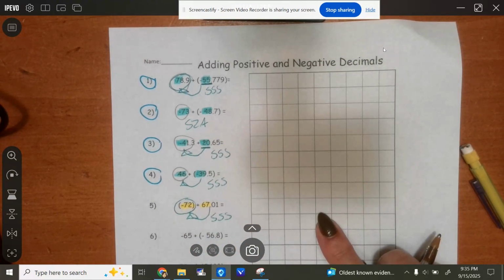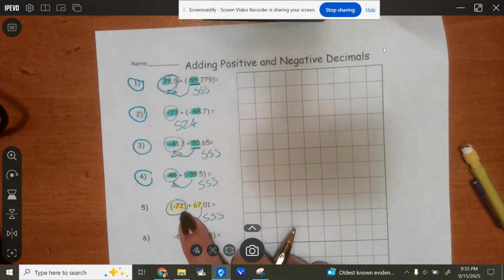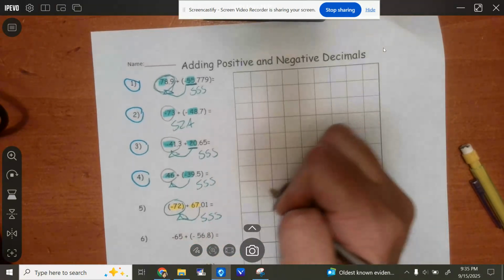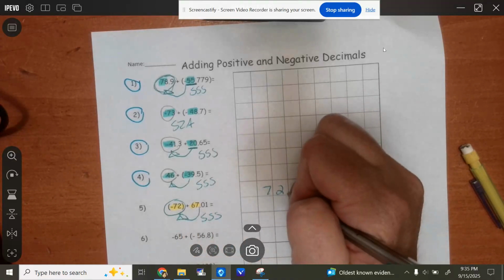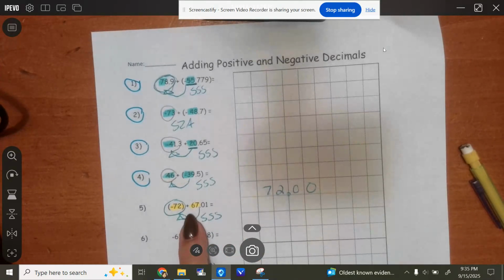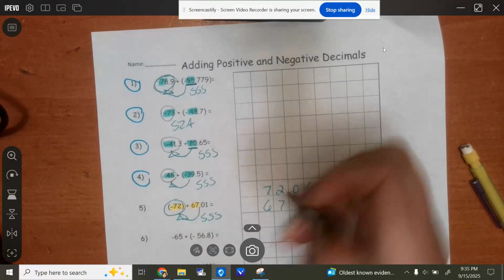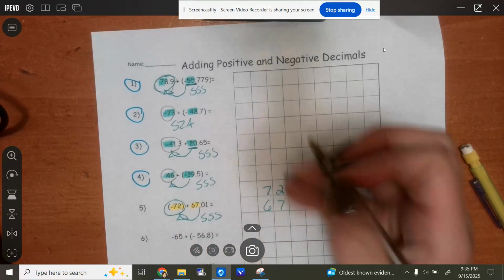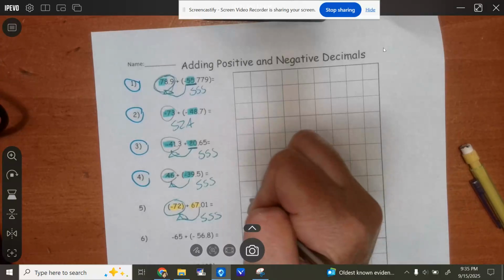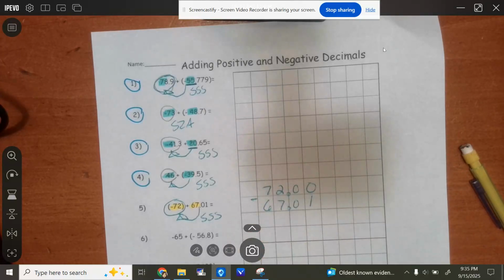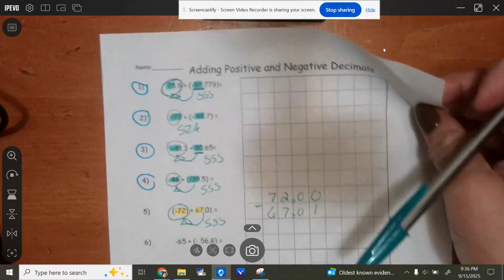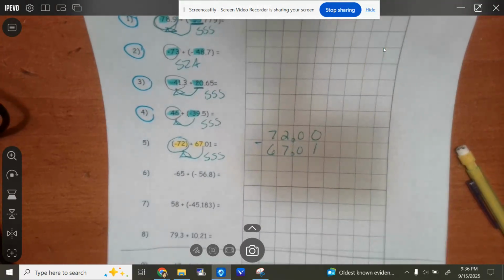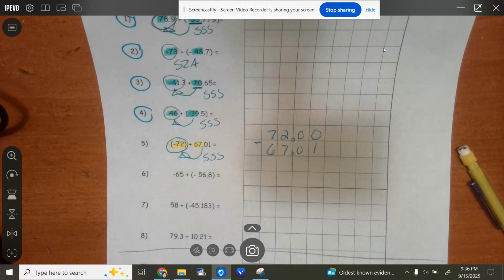Now, how to set yourself up over here is, you know this is going to be the first number, so I'm going to put a 72, and I'm going to have to add a decimal there for placeholders, and then the 67 has to go directly under that whole number with a 0.01, and I know I can subtract. I'm not actually doing the math. I'm not worried about the math part of it. I'm just more concerned about the setting up. So let's go on to this one.